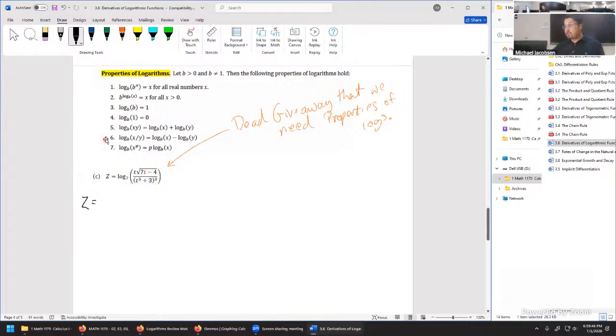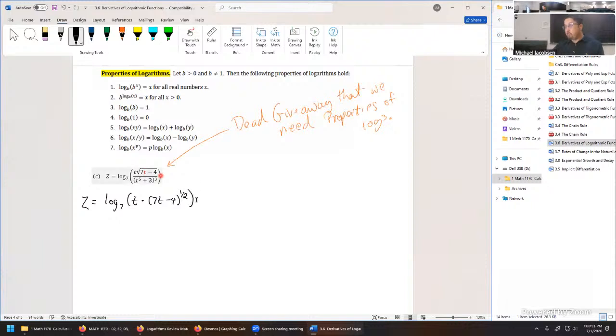First thing we're going to use is the quotient rule. And if you have a lot of practice on this, you can do it in one step, but we're going to really review properties of logarithms and take multiple steps on it. Use the quotient rule because we have a division here and just split this in two. This can be rewritten log base 7 of t times 7t minus 4.